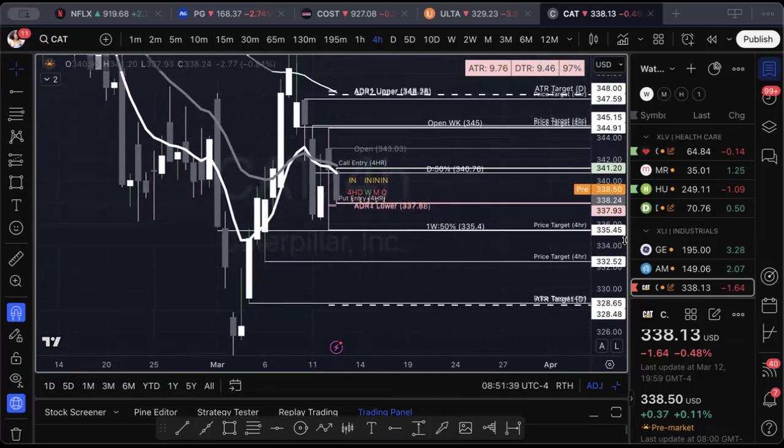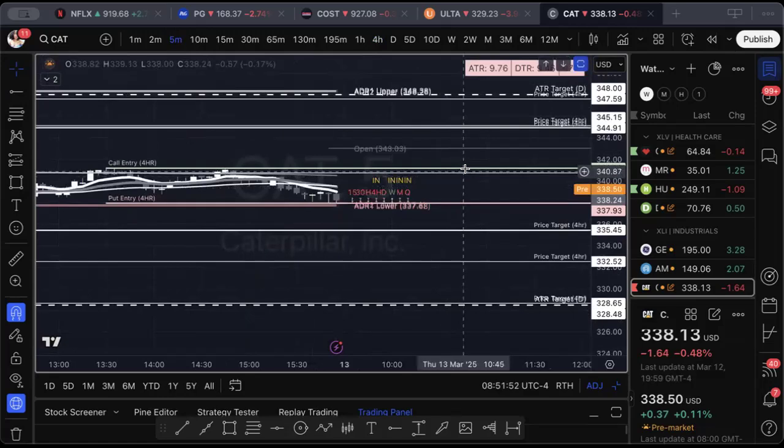You could even do 347.50 to the upside, but I would probably do a 345 to the upside. And then to the downside, we're looking at anything in the money to 330 for puts. All right, so let's go ahead and put our alerts on this.